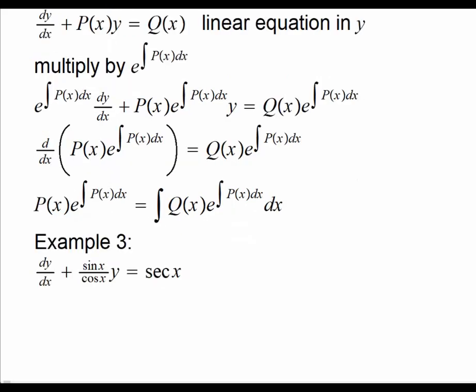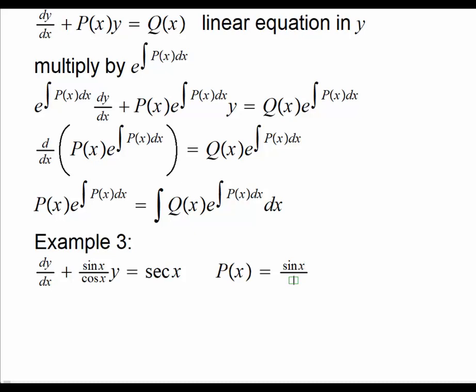As an example, let's take up a linear equation like this one and compare it with this general form of linear equation. Your p(x) here is how much? Sine x over cosine x, which of course is tangent x.